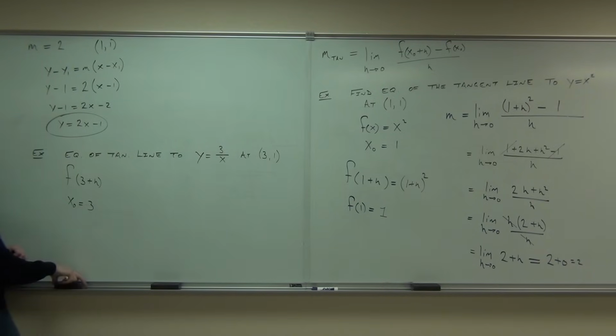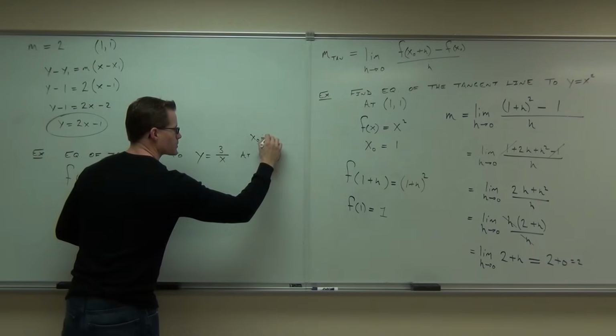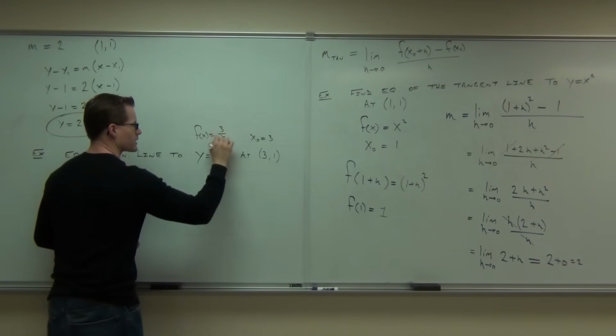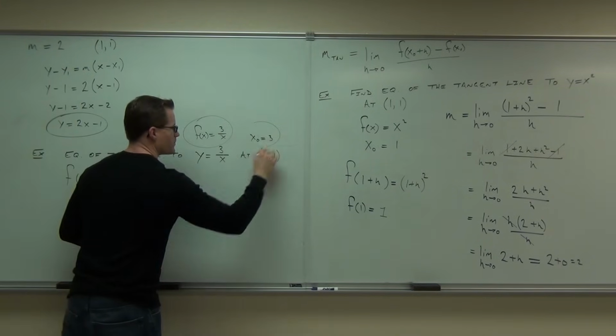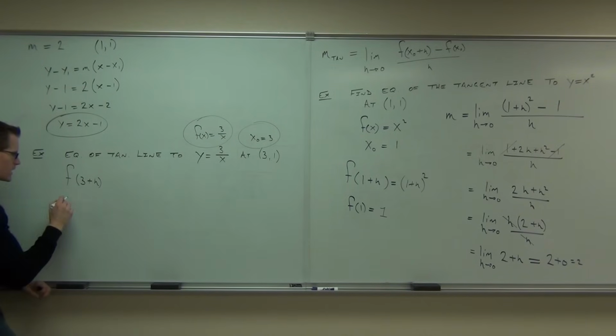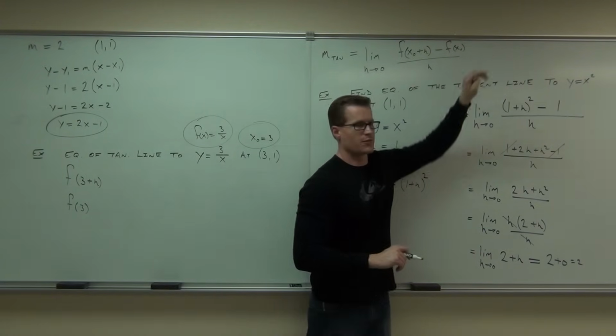I'll write it up here. x sub 0 equals 3, and f of x equals 3 over x. That's always our first step: find x sub 0 and find your f of x. But now in the last few seconds here, find f of 3 plus h and find f of 3. That will take care of your x sub 0 plus h and your f of x sub 0.